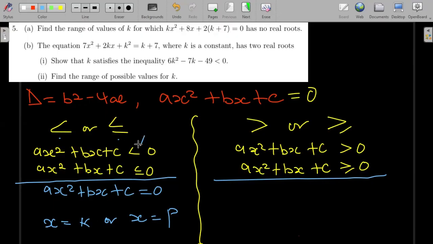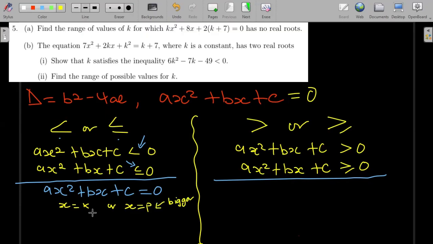So if you are dealing with a less than or equal to, your answers should always be represented in this form. Let me create some space here. Once you've solved this, we have found x is equal to k and x is equal to p. Let's say this p is the bigger number of the two roots, and this k is the smaller number.